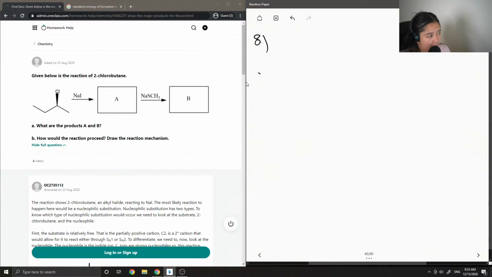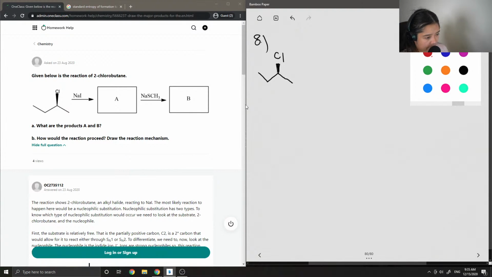Starting with our 2-chlorobutane. It is reacted with this sodium iodide. Okay, so sodium iodide is ionic.